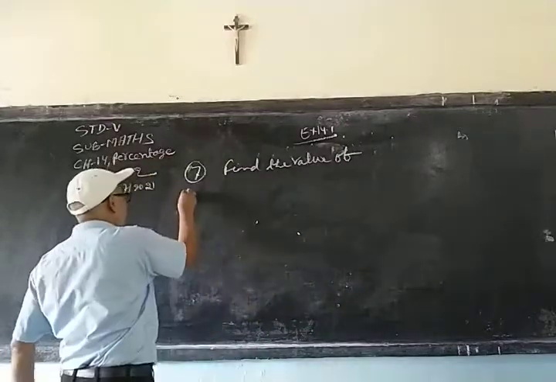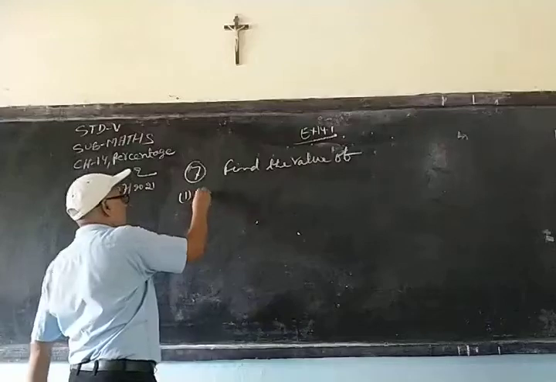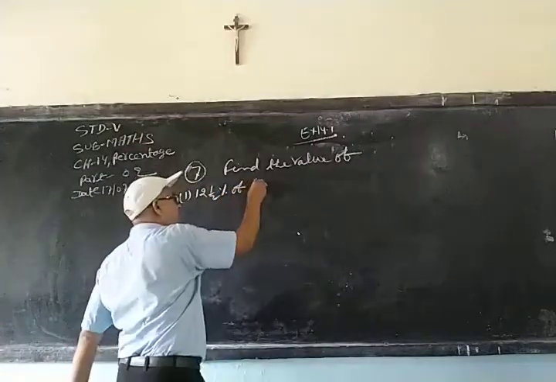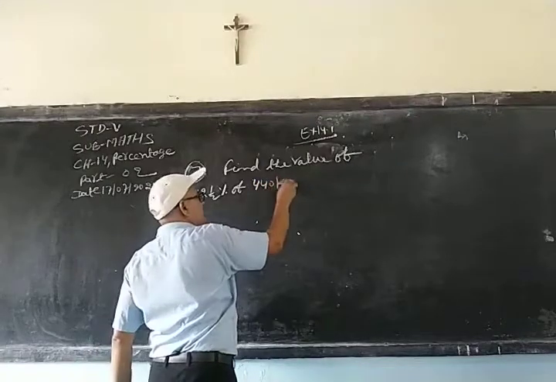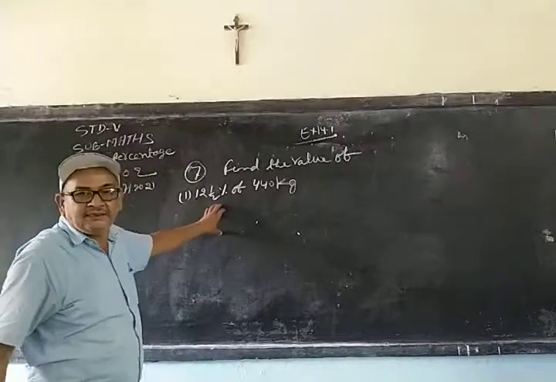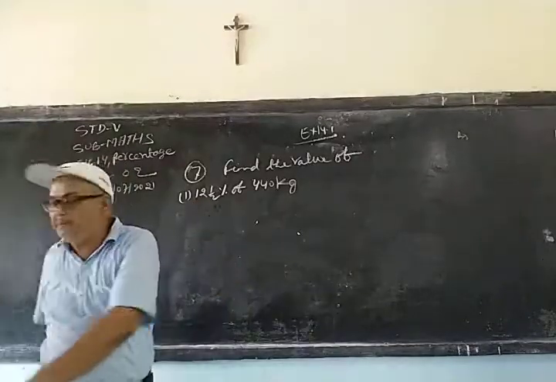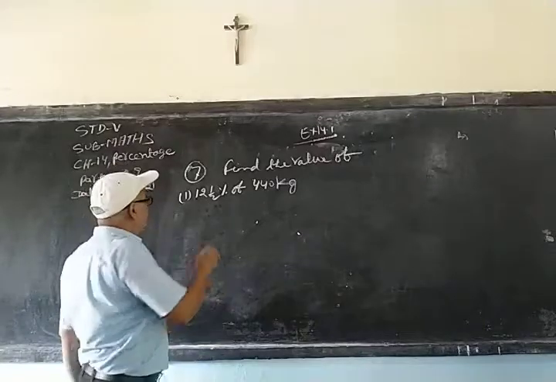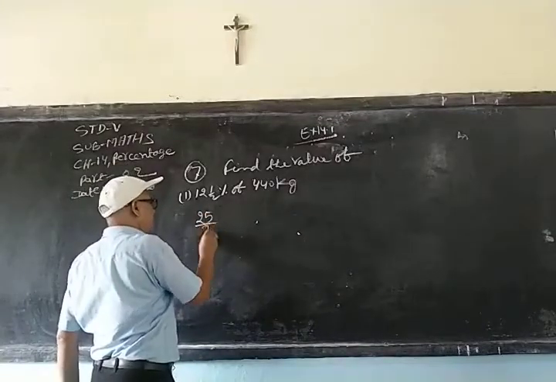First question: 12 1 by 2% of 440 kg. My dear student, see this one, it is given in mixed fraction. So change into improper fraction. 12 into 2, 24 plus 1, 25 by 2%.